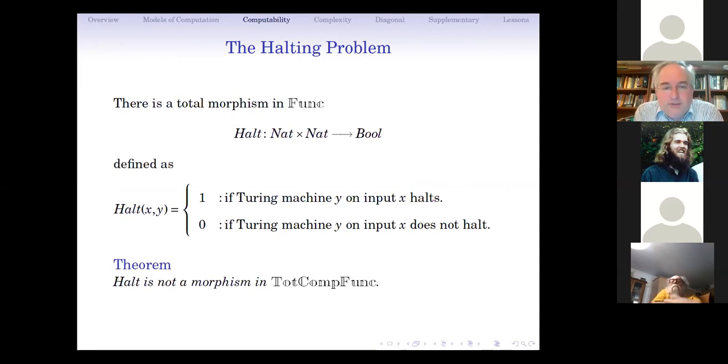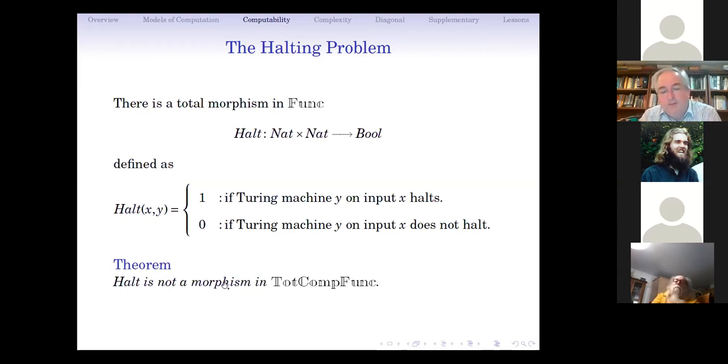The halting problem, this goes back to Turing. There is a morphism in Func that takes 2 natural numbers and outputs a Boolean, and it's defined as follows. It's 1 if Turing machine y on input x halts. It's 0 if Turing machine y on input x does not halt. So this is the halting problem, and this is what Turing's 1936 paper shows.